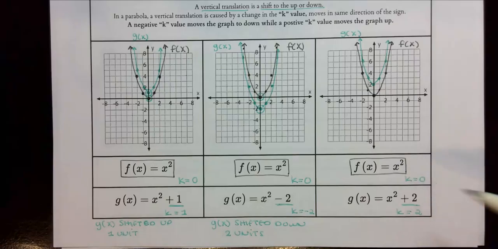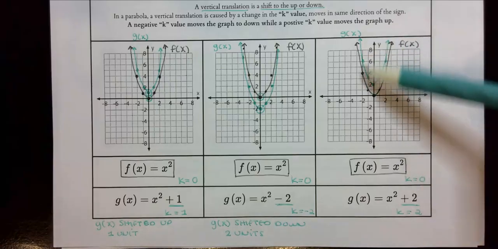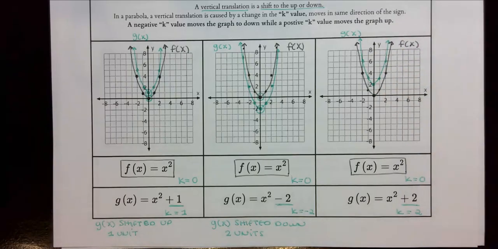All right, last one. So once again, our parent function, k is equal to 0. And then our g of x has this plus 2. So k is equal to 2. So the plus sign tells me it's moving up, and the 2 tells me how far up, 2 units.